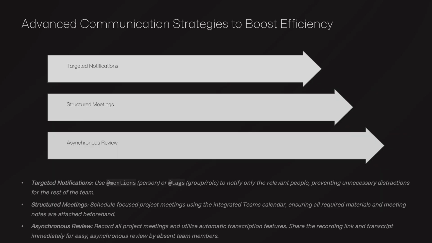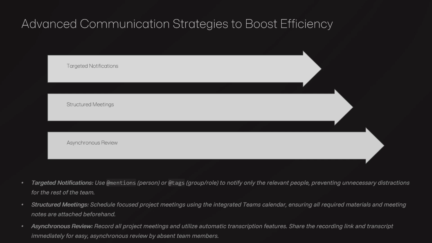So, advanced communication strategies to boost efficiency: targeted notifications, structured meetings, asynchronous review. Targeted notifications: use @mention for a person, or @tags for a group or a role, to notify only the relevant people, preventing unnecessary distraction for the rest of the team. Structured meetings: schedule focused project meetings using the integrated Teams calendar.